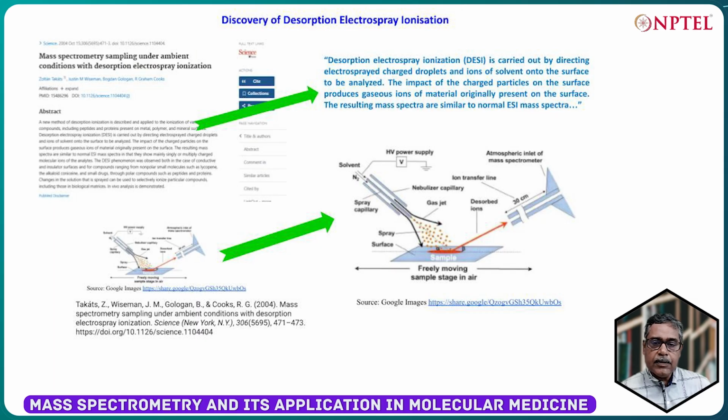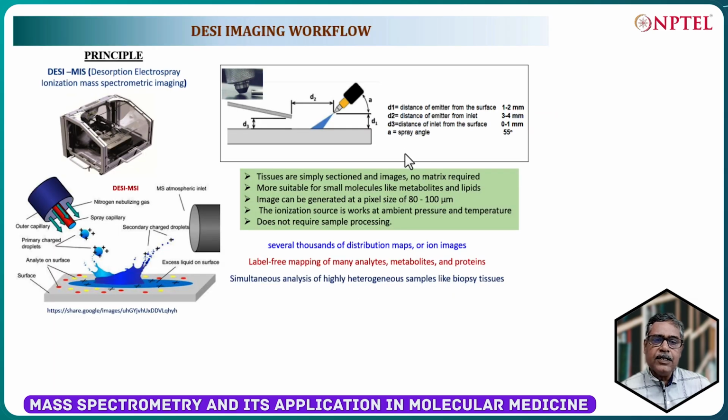Now let us see the principle in a bit more detail. This is actually a housing system where a DESI based imaging experiment is performed, and this can be hooked up with a mass spectrometer.